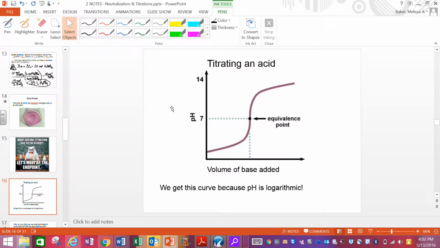So when you're titrating an acid, for example, you're adding base. Here's a picture of what the equivalence point looks like. You're at a pH of maybe 1, you're adding base, adding base, adding base, boom! You get this curve here because this is a logarithmic relationship.